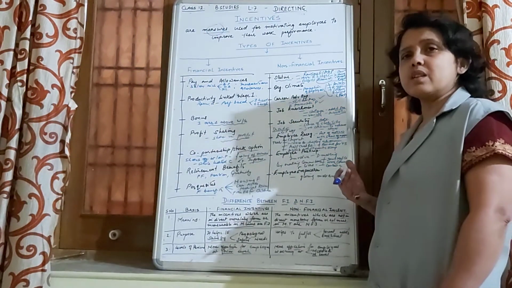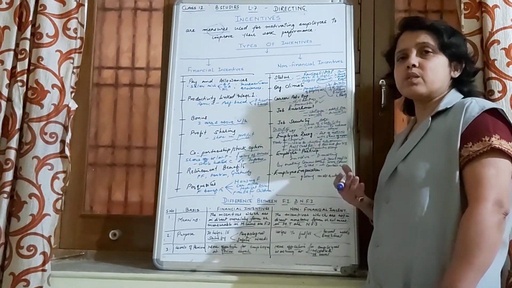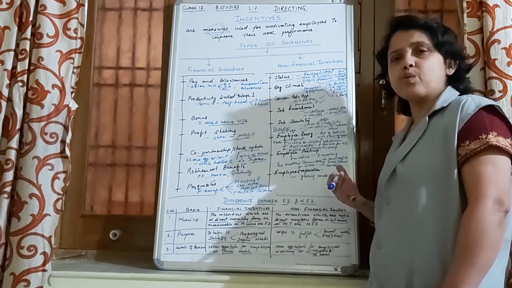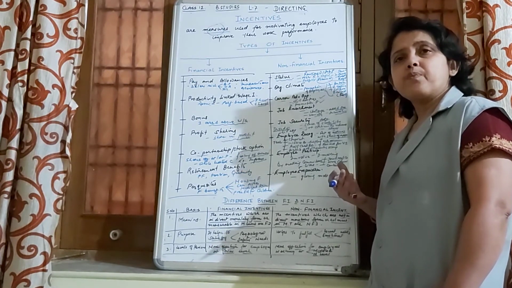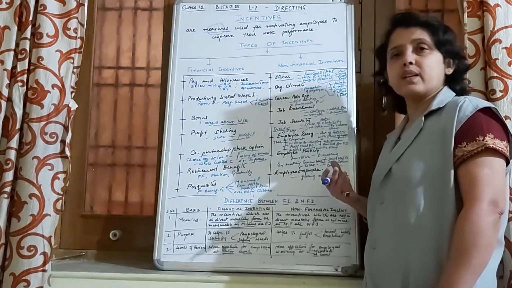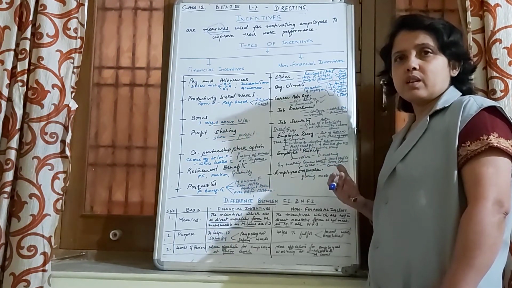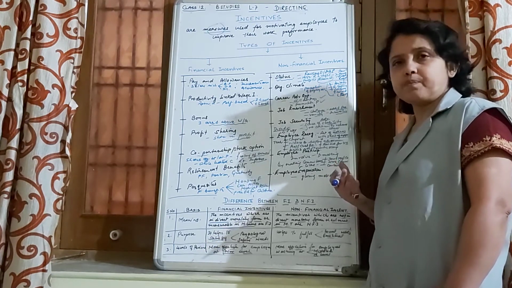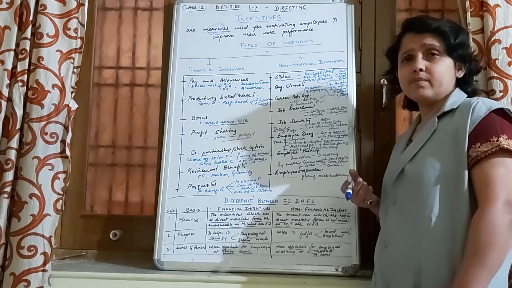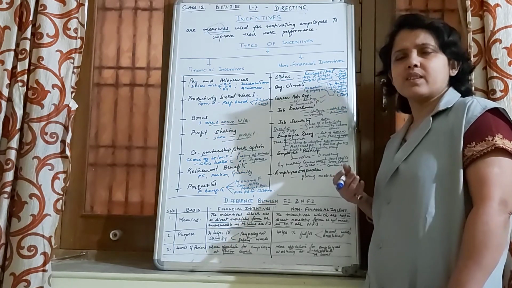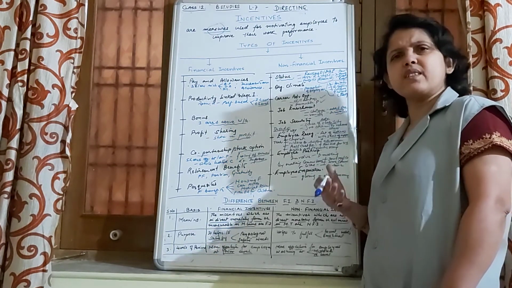But the greatest disadvantage of job security is that sometimes in an organization it is found that when the employee starts feeling that his or her job is secured and no one can fire them, then what happens? They become lazy. They take it for granted. They become evasive.